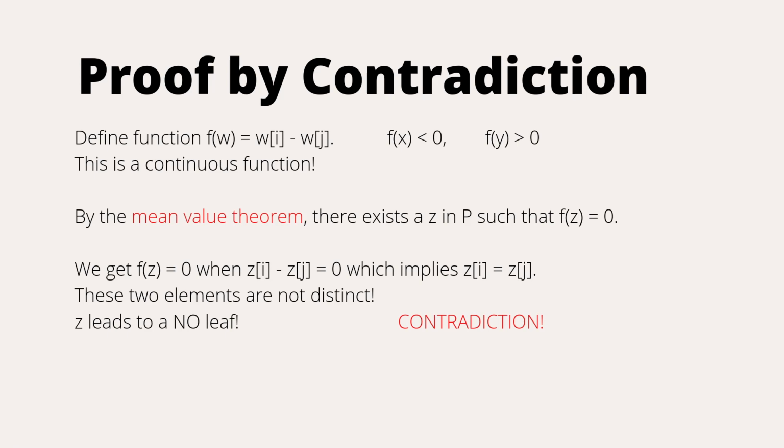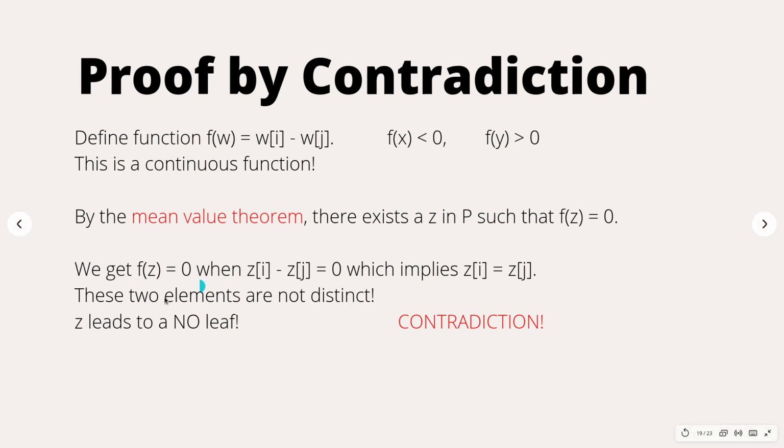So if you remember from calculus, the intermediate value theorem says that there exists some value z such that f of z is equal to 0. We start at a negative value, f of x is less than 0. We end up at a positive value, f of y is greater than 0. Because this is a continuous function, it at some point has to cross that line, y equals 0, or f of z is equal to 0.